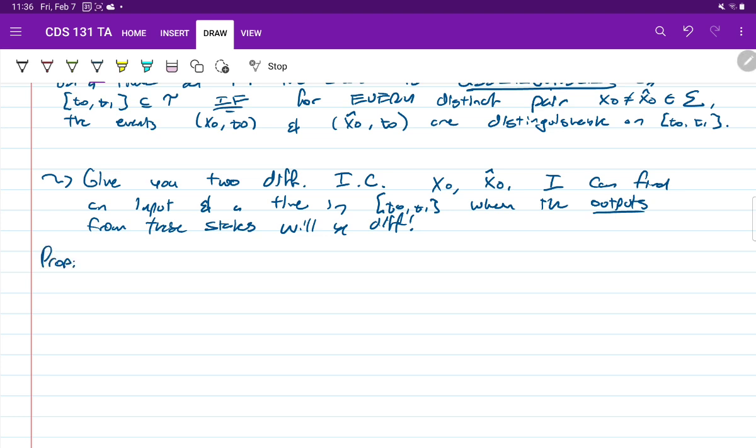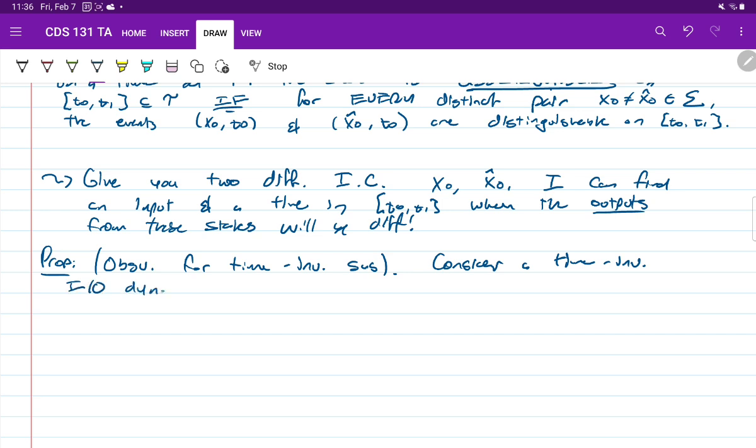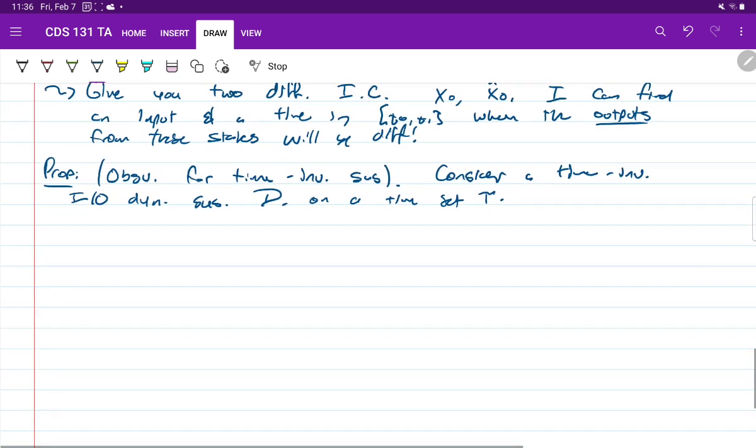So proposition, this is observability for time invariant systems. So I'll say consider a time invariant IO dynamical system D, and let's say the system is on a time set T. All right?